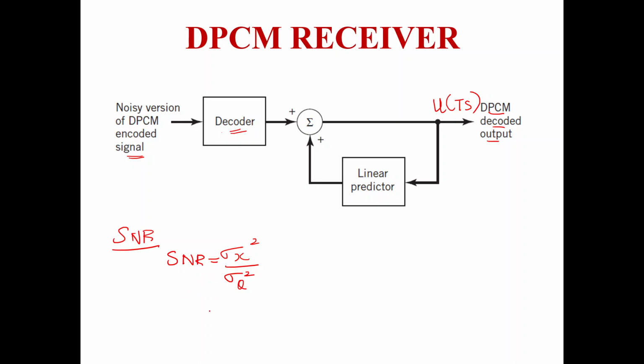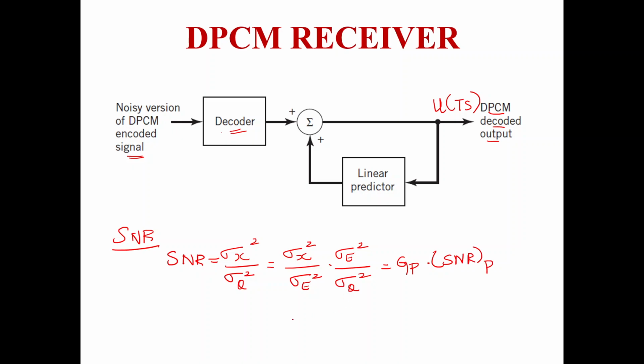Here mathematically I am going to rewrite this equation by multiplying and dividing by sigma E square, so sigma E square divided by sigma Q square. Here sigma x square by sigma E square, I can write as Gp, which is represented as prediction gain, and sigma E square by sigma Q square is nothing but the SNR of my prediction filter.